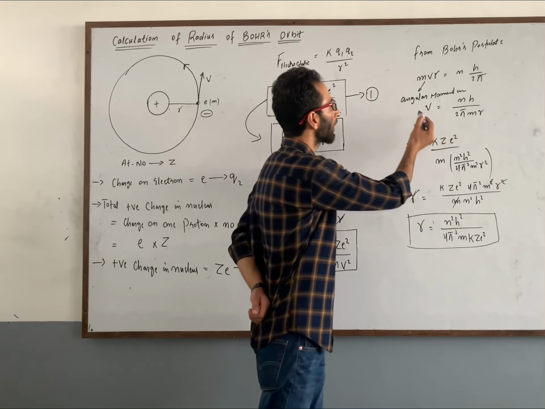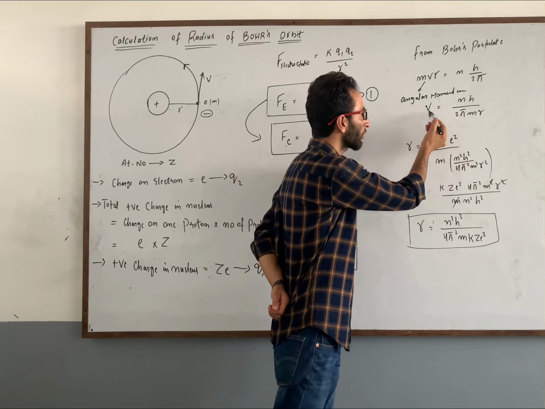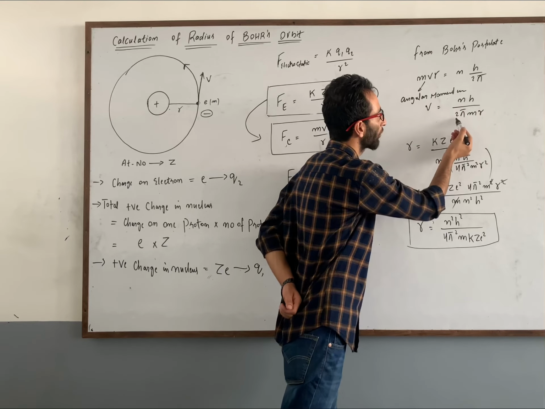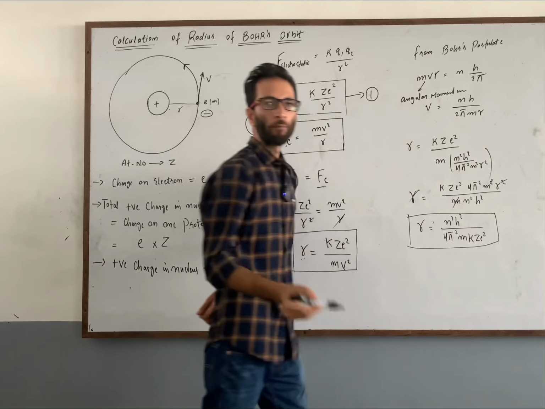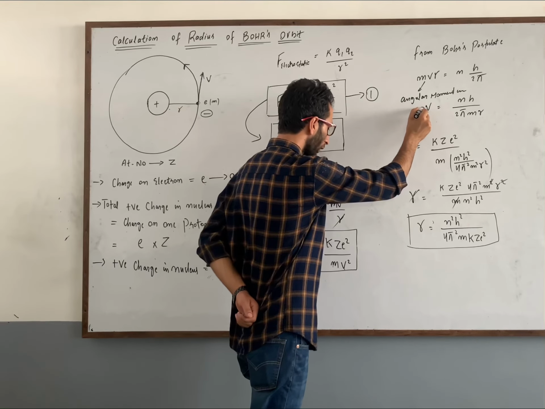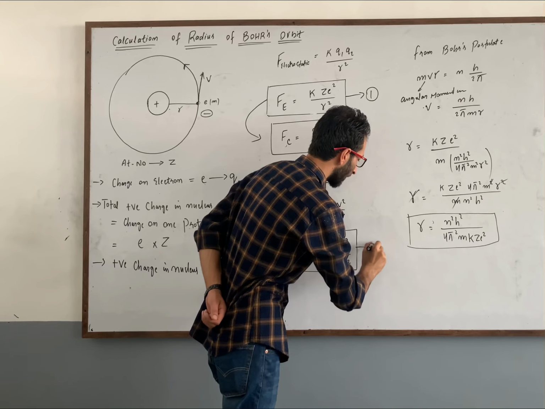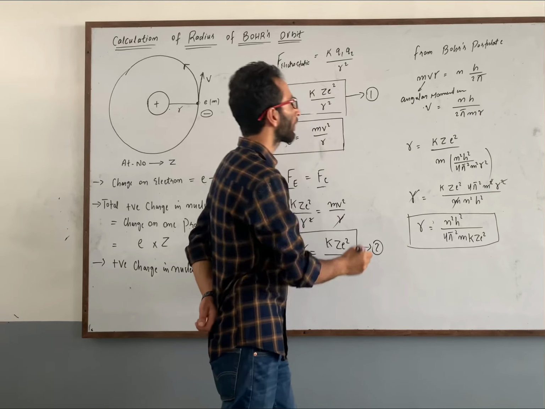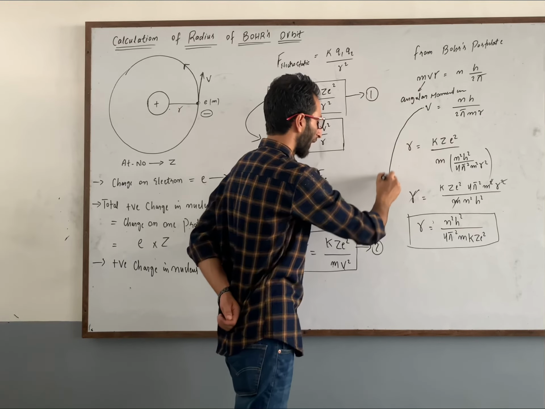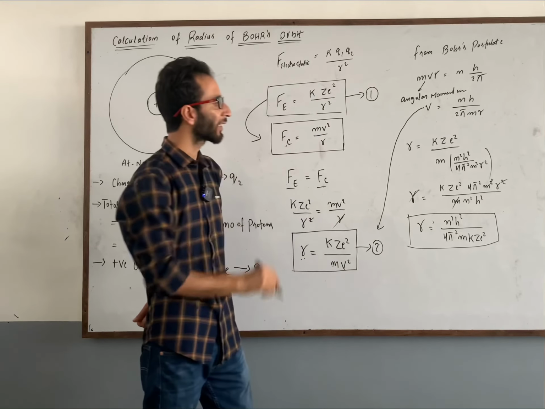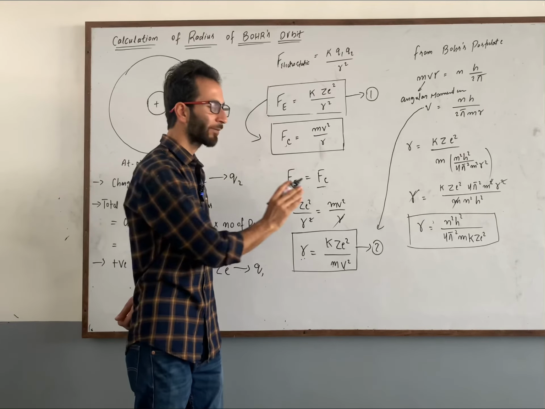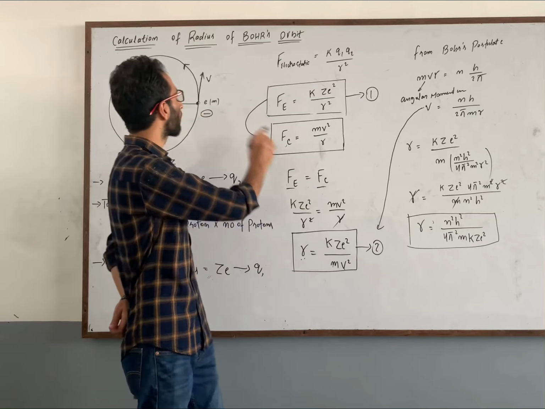From this postulate, we can find the expression for velocity, that is v is equal to n h divided by 2 pi m r. Let me name this equation 2. By using this expression of velocity in the previous equation, we will get the final expression for the radius of Bohr's orbit.